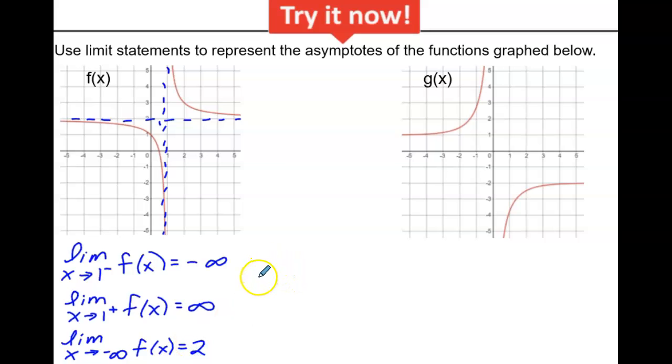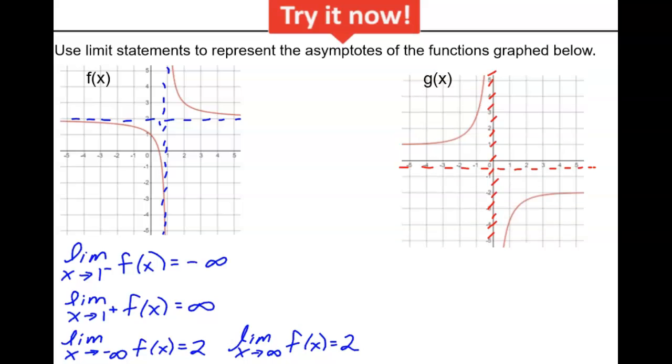And then the limit as x approaches positive infinity, so now we're headed off to the right end, is also approaching the horizontal asymptote at positive 2.